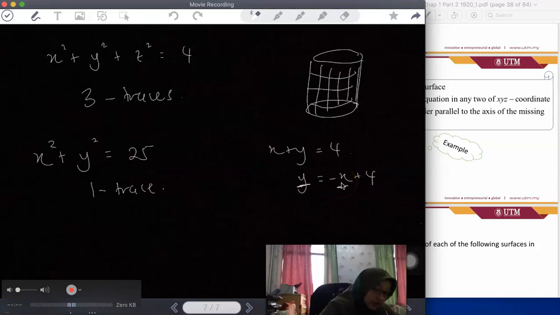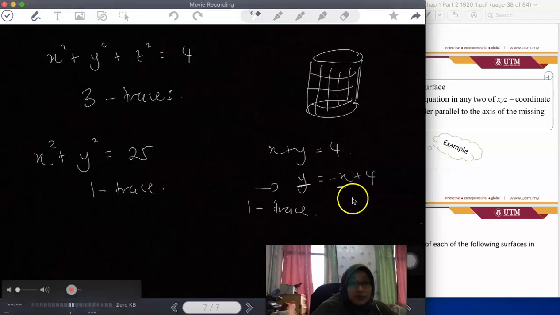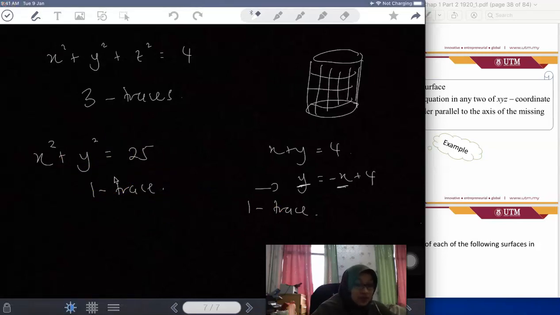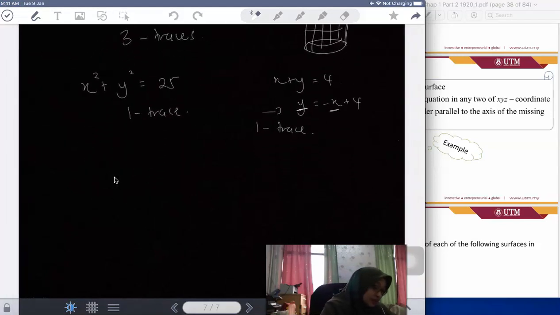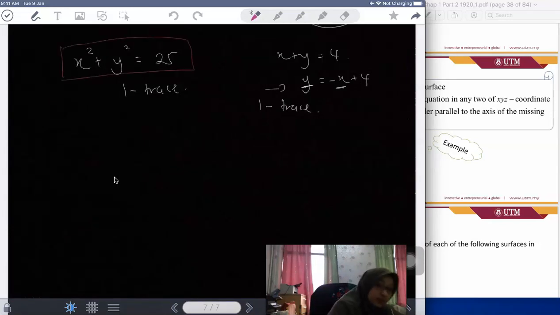This one, linear equation also 1 trace. So when you have 1 trace, then after that you have to do the projection and also projection line. So similarly for the nonlinear equation, you have to provide a single trace, and after that projection, and then sketch the projection line.